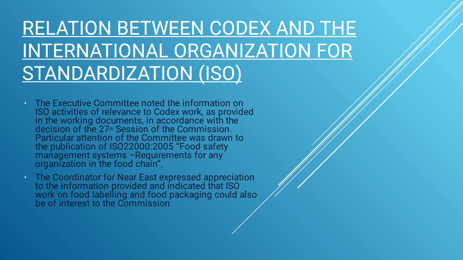Particular attention was drawn to the publication of ISO 22000, implemented in 2005, which sets out food safety management system requirements for any organization in the food chain.